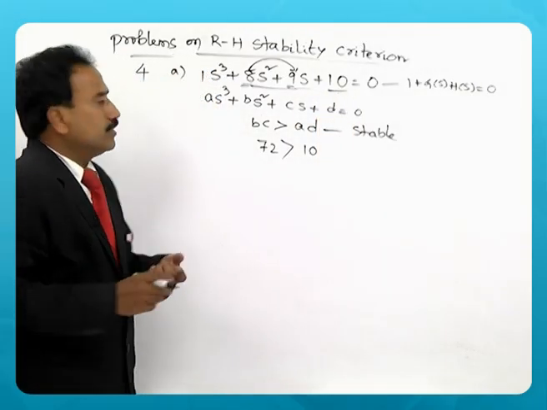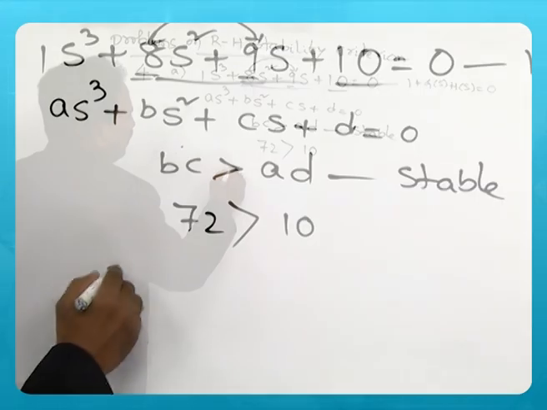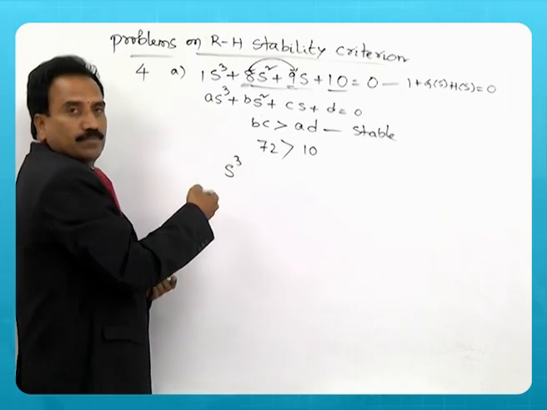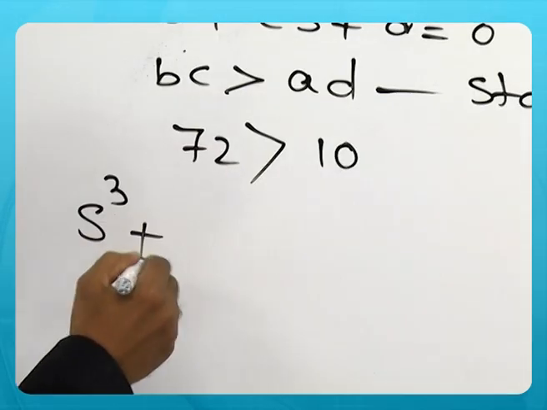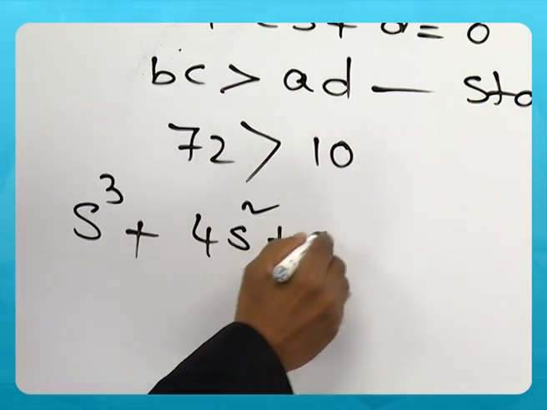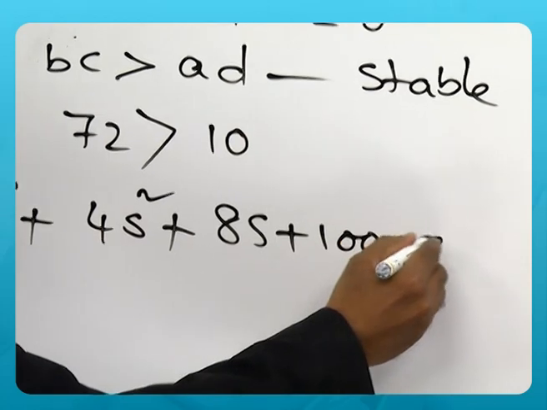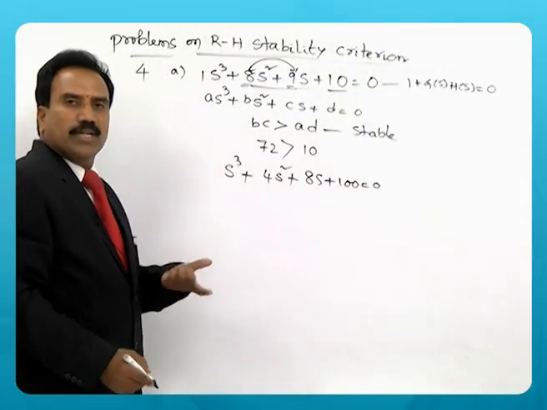If I change the coefficients, for example, s power 3 plus 4s square plus 8s plus 100 equal to 0. You can look at this.